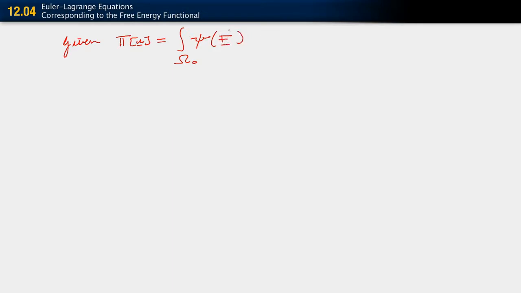But it's a function of F, yes, but then we know that F is also obtained from u in this manner. Okay, so it's psi integrated over the volume minus the work done by the body force.